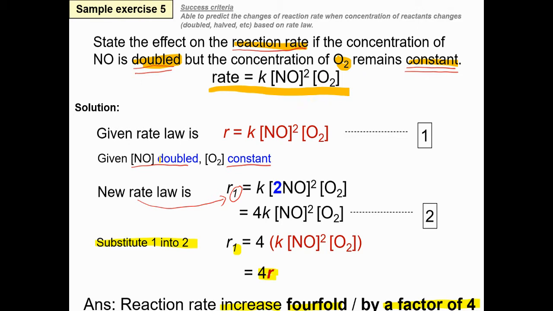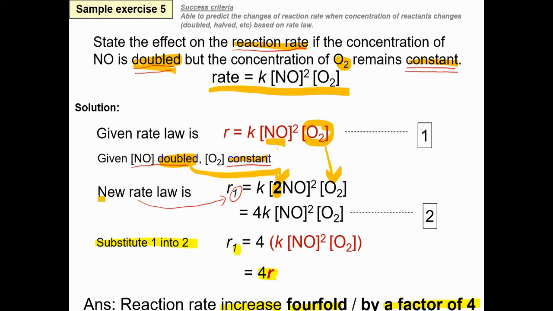Given first says that nitrogen monoxide is doubled. When it's doubled, you have to add in 2 in the bracket. Remain constant, you just put back the same. This one doubled, so you have to put in 2.